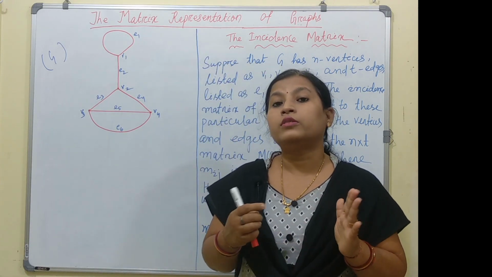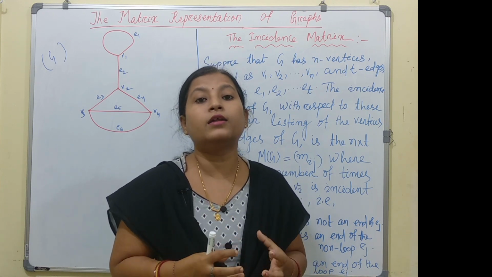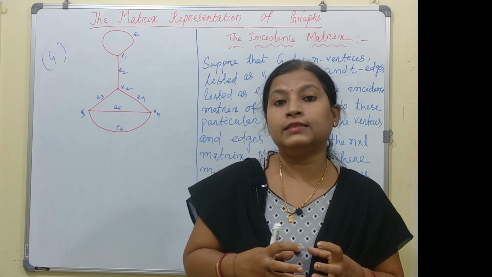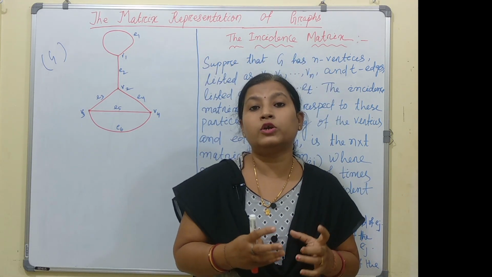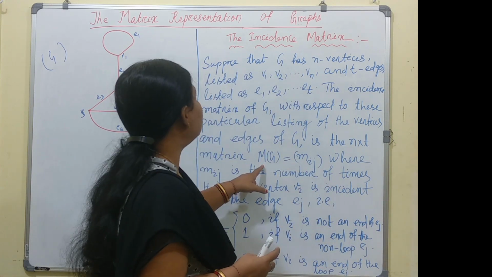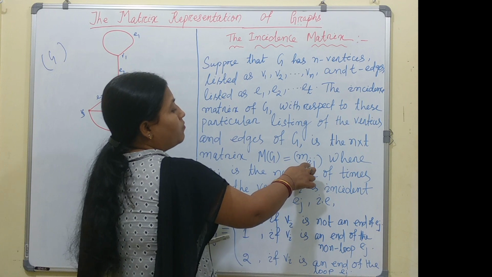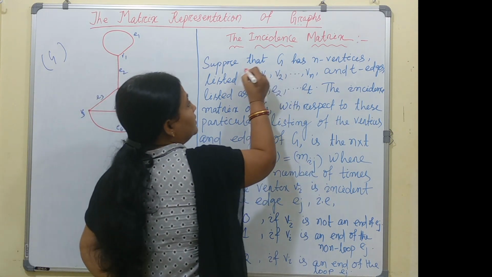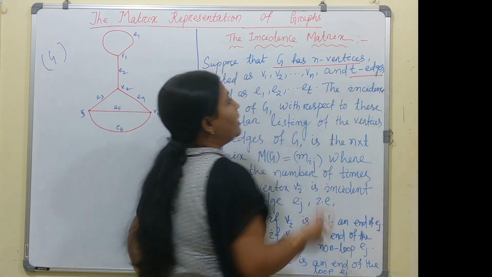Now come to the definition of the incidence matrix and its elements. The incidence matrix is denoted by M(G), and the elements are in the form Mij. First of all, G has n vertices and t edges.